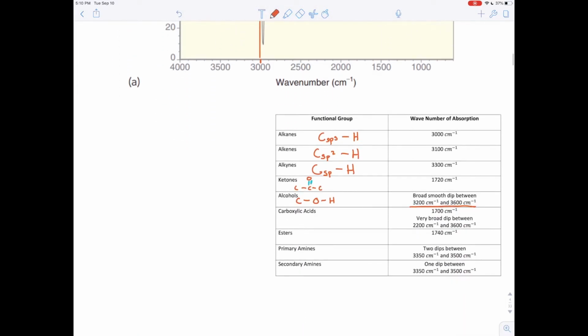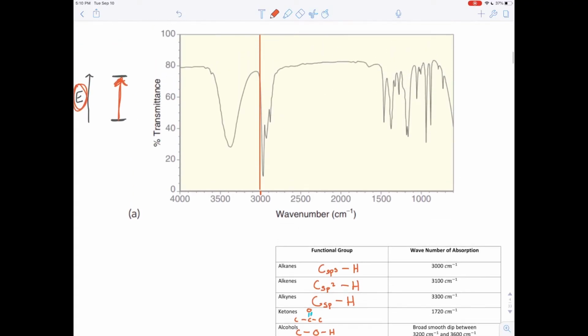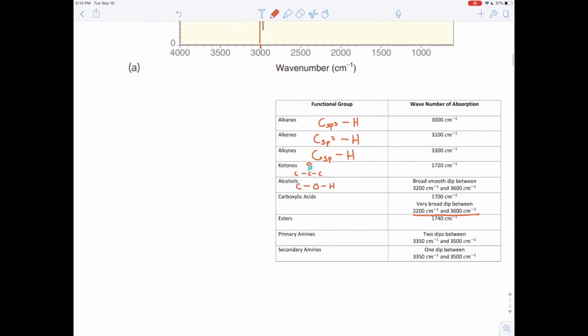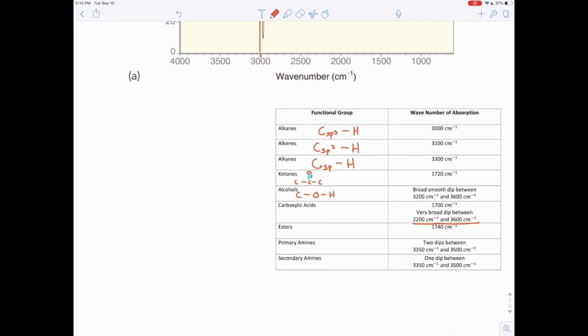Next, we have a carboxylic acid. The carboxylic acids have a really broad, smooth dip between 2,200 and 3,600. That's almost a third of the entire graph. It's a really big dip. And that's representing the OH that's in the carboxylic acids. Recall, carboxylic acids are when you have a carbon double bonded to an oxygen and then single bonded to an OH.